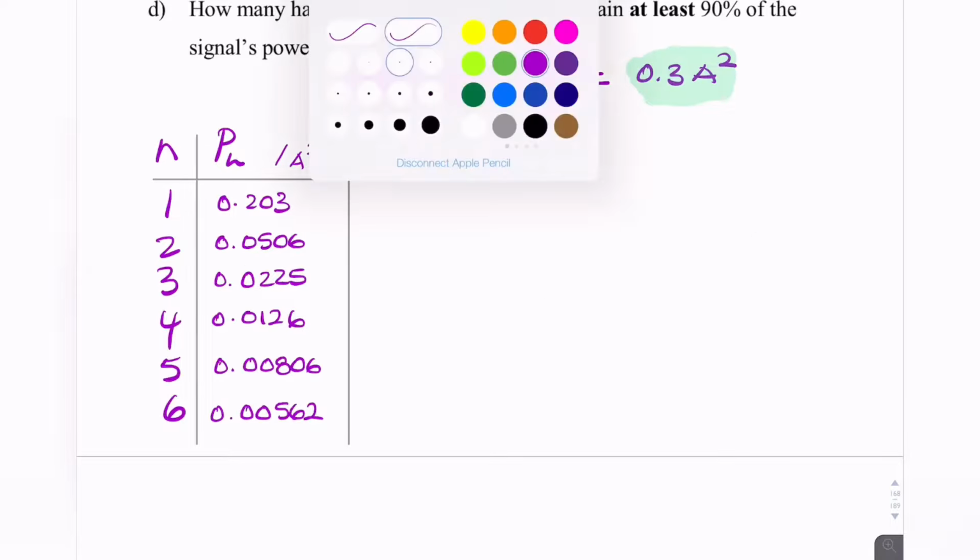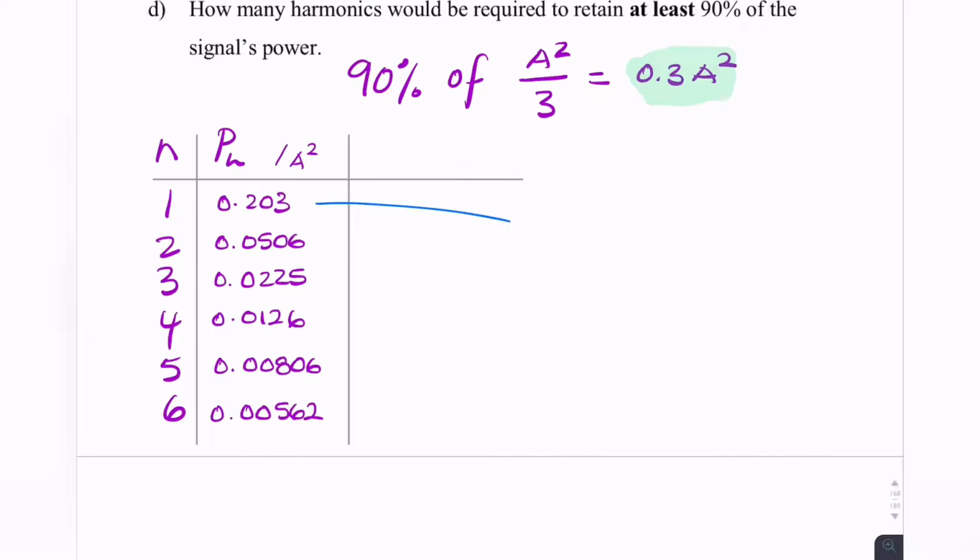So just as a reminder, each of these is simply b squared over 2. So that's b1 squared divided by 2. And that's b5 squared divided by 2, etc.